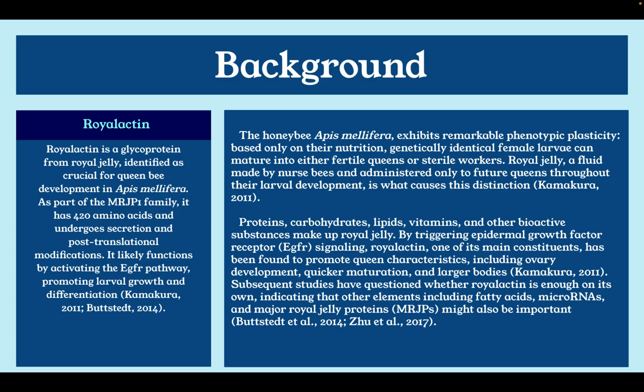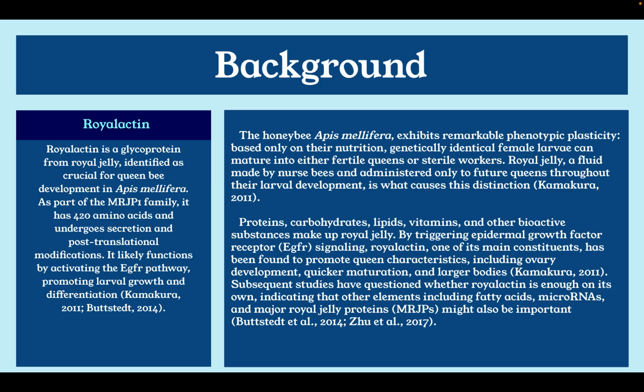The honeybee Apis mellifera displays phenotypic plasticity, where genetically identical female larvae develop into either fertile queens or sterile workers based on their diet. This is primarily due to royal jelly, a substance rich in proteins, lipids, vitamins, and other bioactives, which is fed exclusively to future queens.